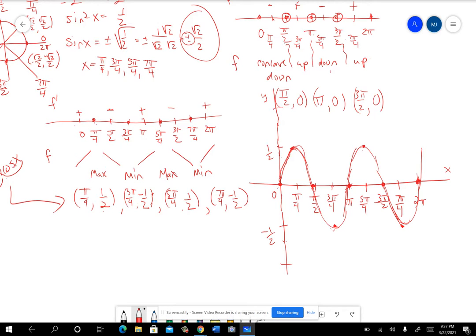And we're only going to 2 pi, so we can stop at that point. All right. And we didn't really go in and do x-intercepts and y-intercepts because they kind of come out. These turn out to be the x-intercepts. So you don't have to always do everything that they ask you for to get a good picture.